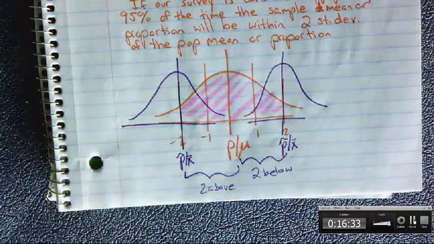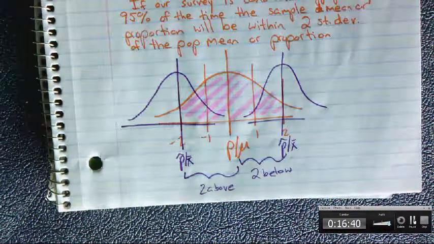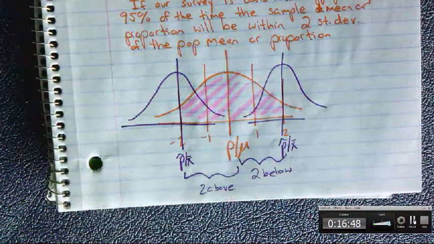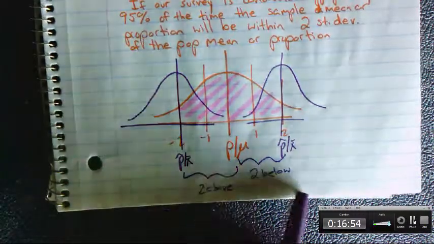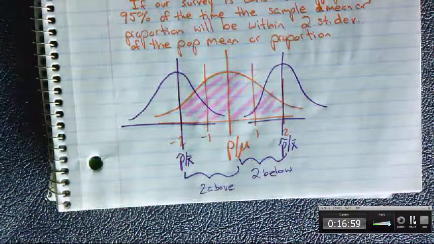If you conduct an appropriate sample, it will always be 2 above or 2 below. This only applies if the sample is conducted appropriately. And that's like those questions where we asked, does this seem to be an abnormal sample? Sometimes they will be abnormal, not conducted appropriately. But if they're conducted appropriately, the population will always be 2 more or 2 less at the most of whatever we collected.